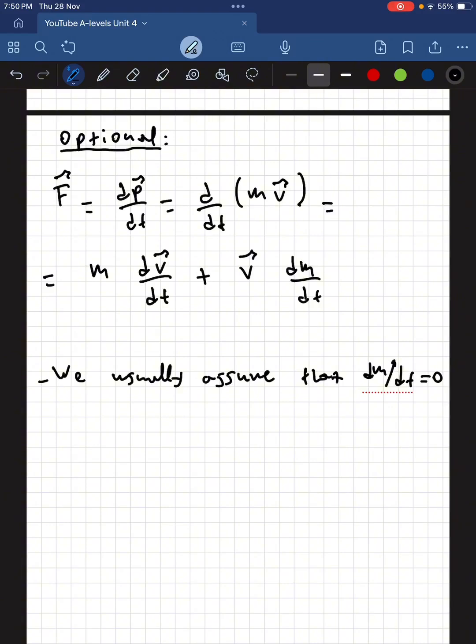But if you're dealing with rockets, dm over dt is actually not 0, right? Because this is how a rocket moves, by burning fuel. So this is something to think about, okay? It's not part of your spec, but it's good to know. So I'm gonna write this down. For rockets, dm over dt is not necessarily 0, all right?